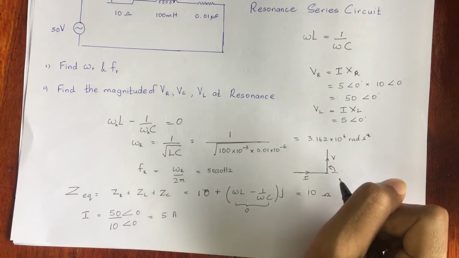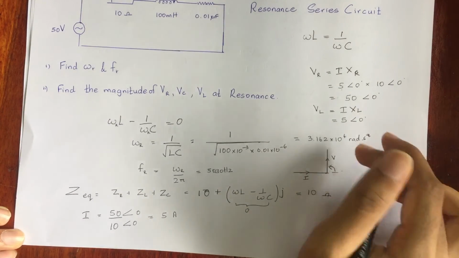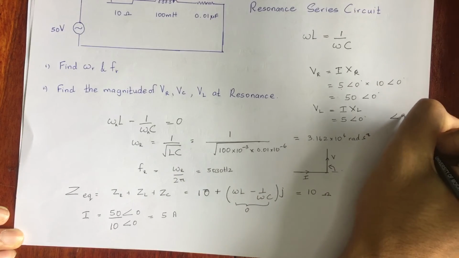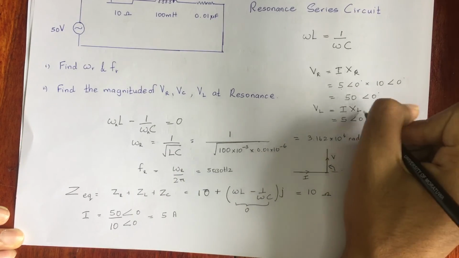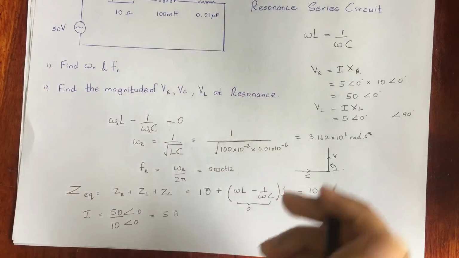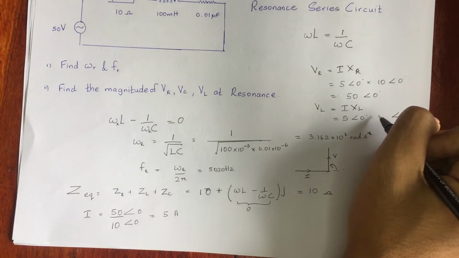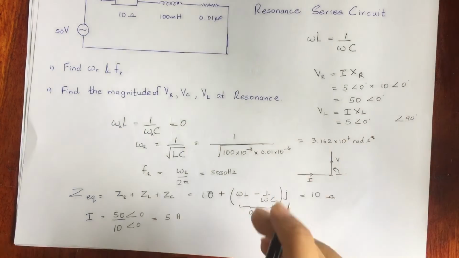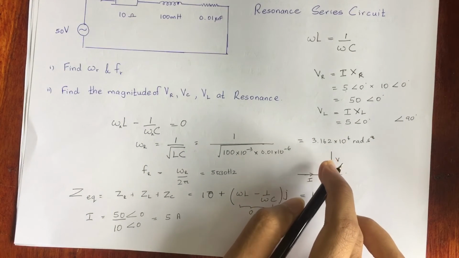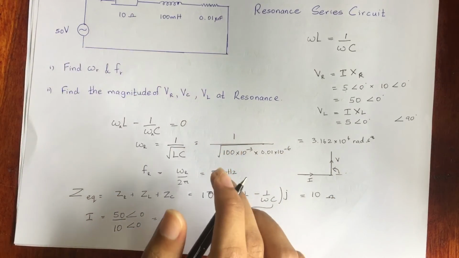So from that, we can tell ZL would be V over I, which simply means it's at 90 degrees. For the magnitude, XL is omega into L. We knew the value of omega, 3.162 times 10 to the power of 3, and we substitute L, which is 100 millihenry.